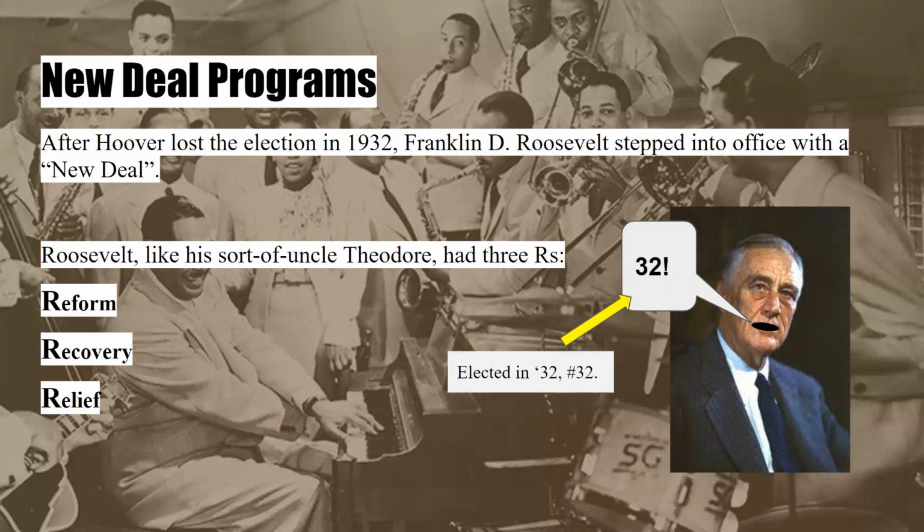But he had three R's like the other one too. His three R's were reform, recovery, and relief. Reform, change stuff; recovery and relief, get things back to normal. And that just says 32 because he was elected in 1932 and he was president number 32.